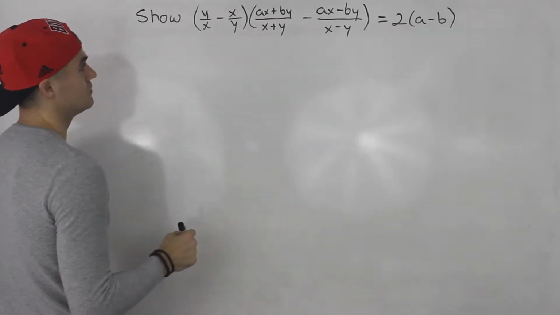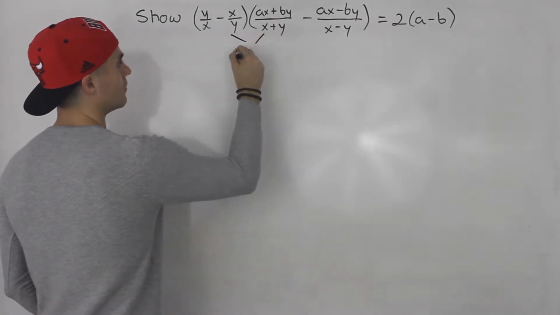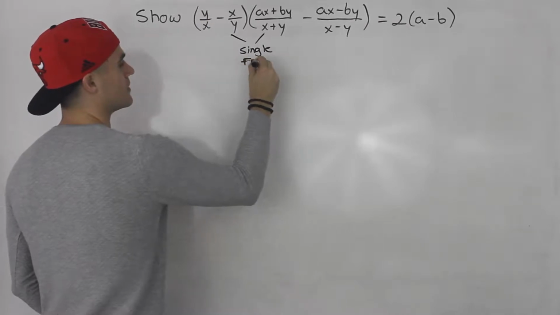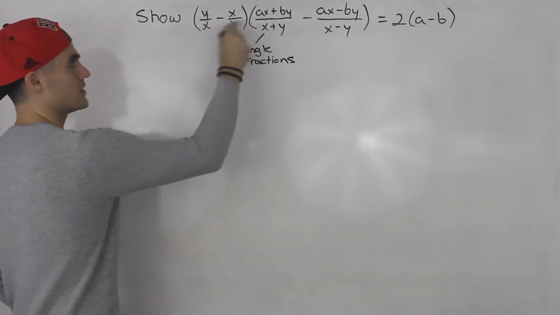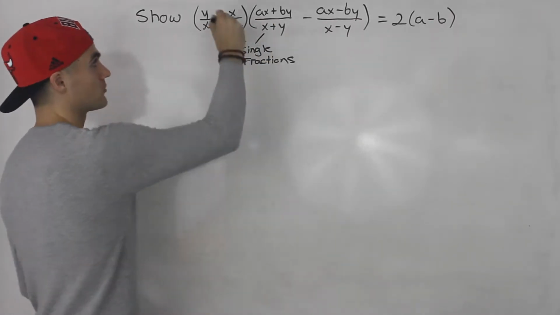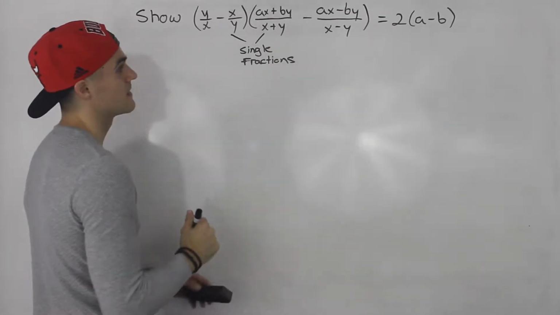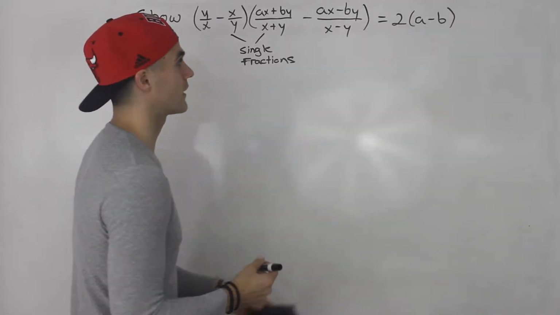So what we want to do is create single fractions in each bracket. Because if we can have single fractions in each bracket, we can then multiply the brackets pretty smoothly. You would just multiply the numerators, multiply the denominators when you have single fractions. And then hopefully it's going to simplify to this, 2 bracket A minus B.